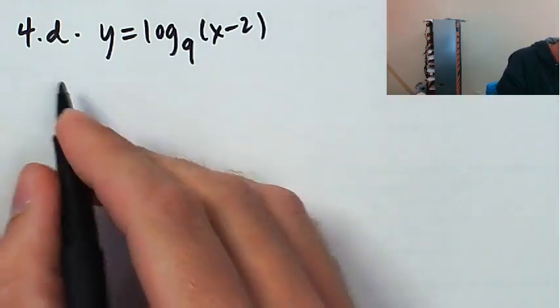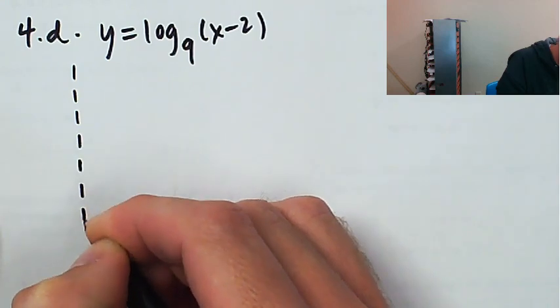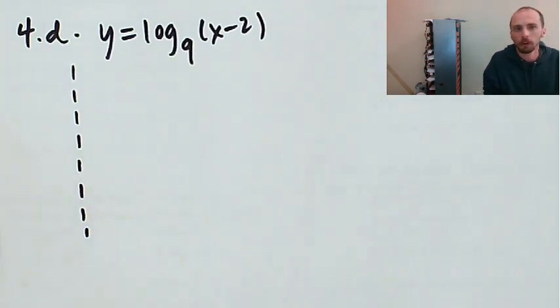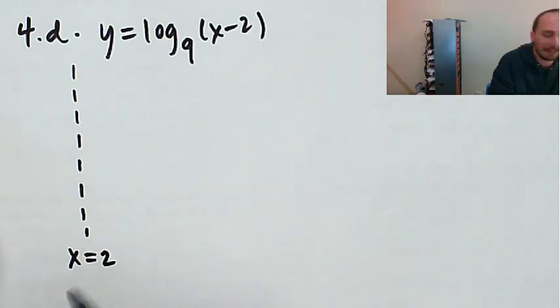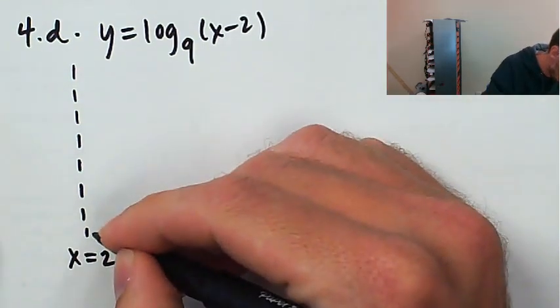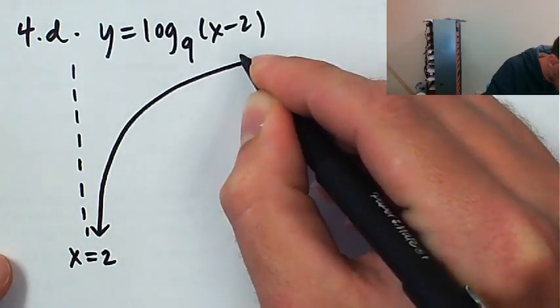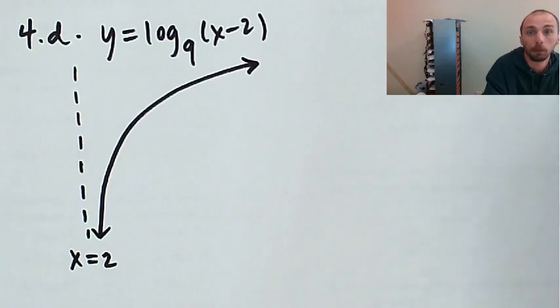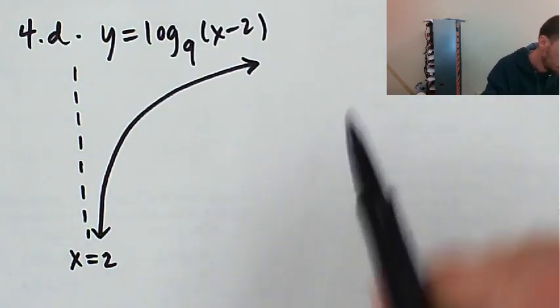For a normal log function, the y-axis, x equals 0, generally serves as a vertical asymptote. This time it's going to be x equals 2 because that's the edge of my domain. And I know what the shape of a log graph looks like. It's at that vertical asymptote and then it really levels off. Really, it's like a sideways exponential graph. Okay, so that's my x equals 2.